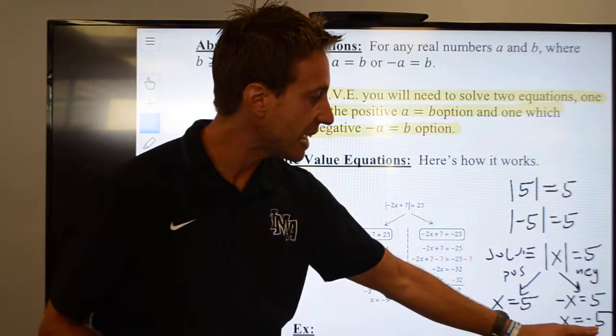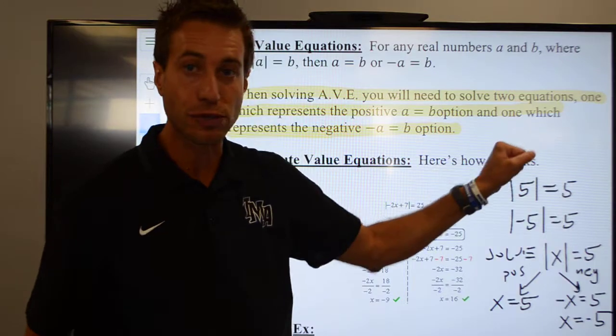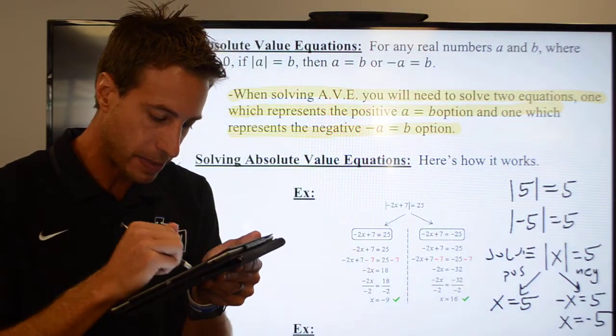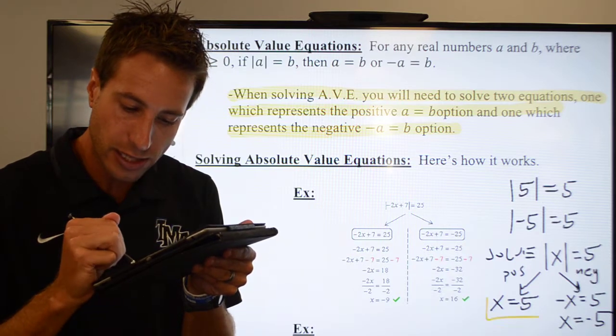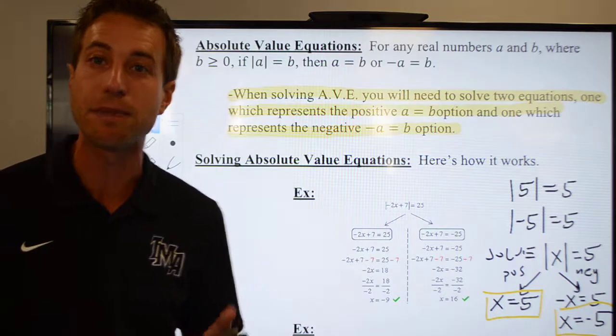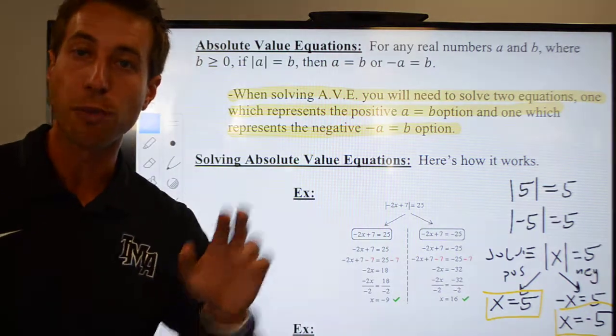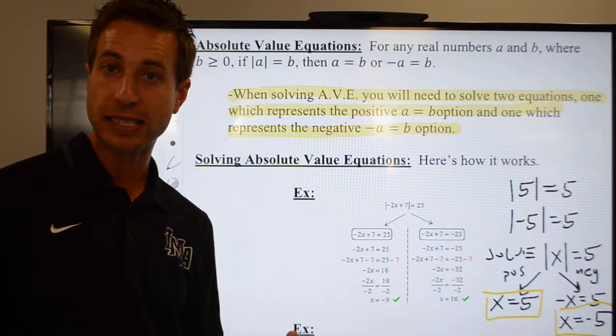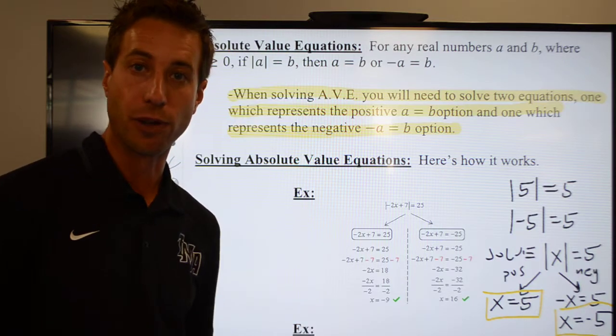If I plug a negative 5 into the absolute value, I also get a positive 5. You have just found me both solutions. You don't know which one I want, so you need to give me both of them. You have to solve both the positive and the negative options for these equations to find both of those answers.